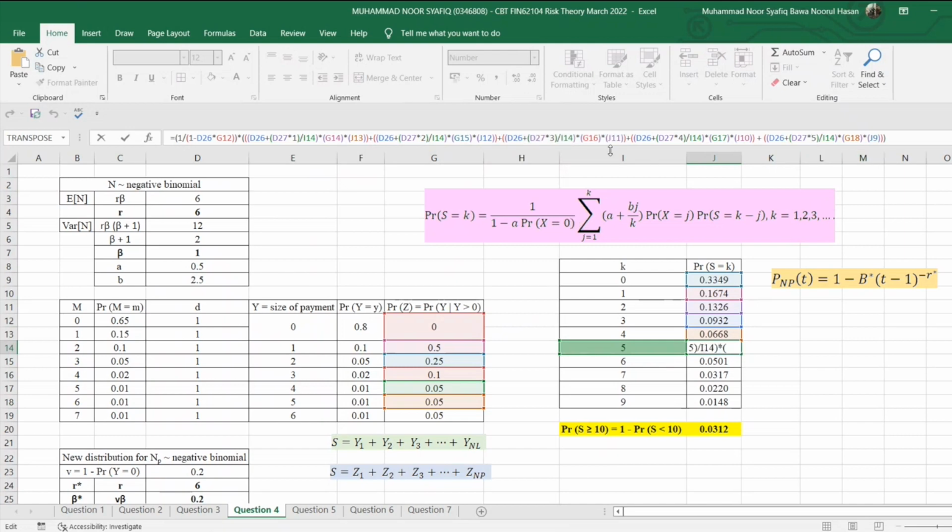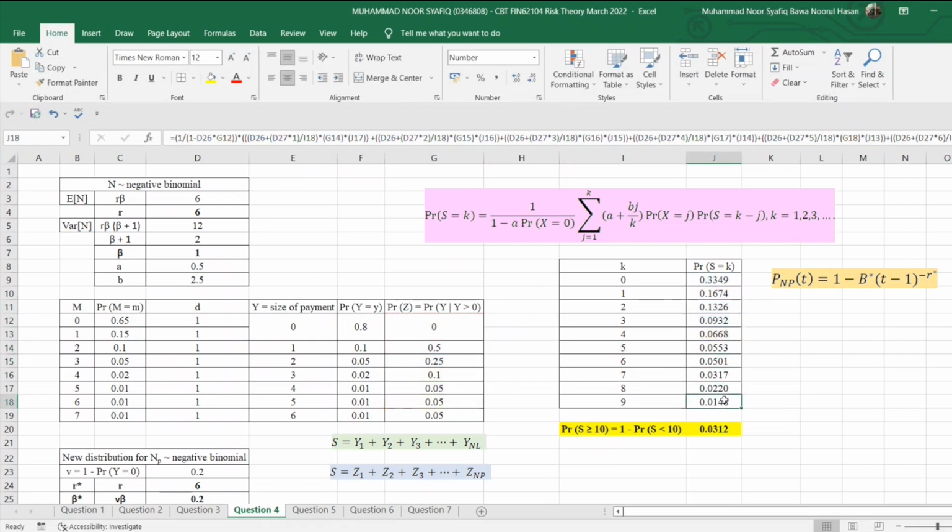So we can see here that the power of D27 times with 1, and then in this case it times with 2 until D27 times with 5. This applies for all the other formulas, and when it comes to 9, it will have a longer formula, so we have to be very careful when computing the formulas in the formula tab.